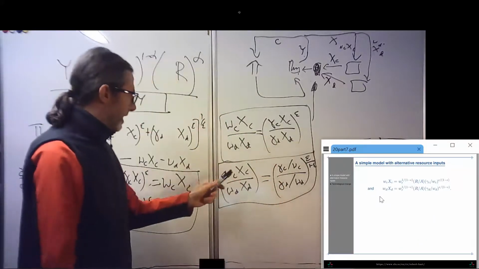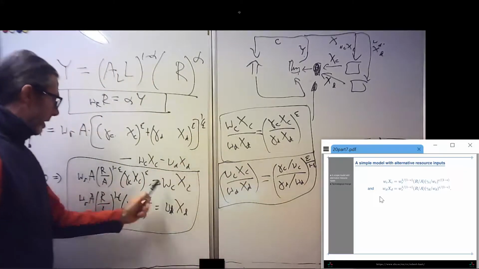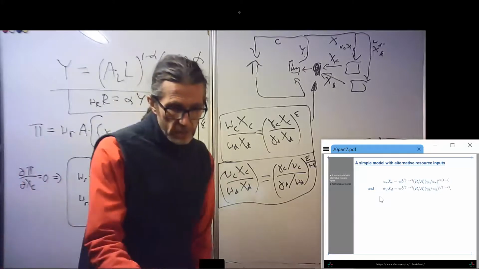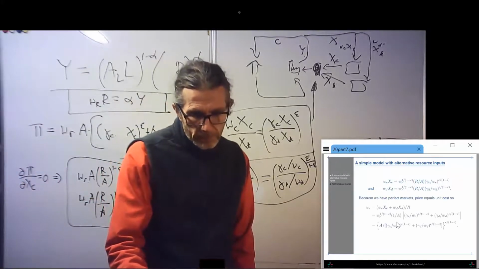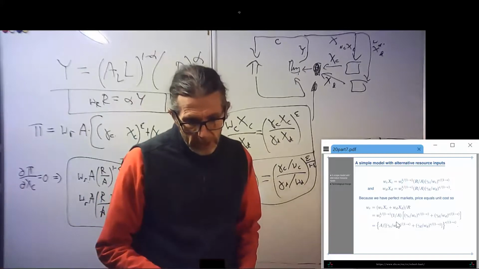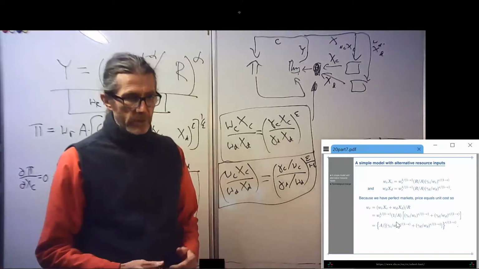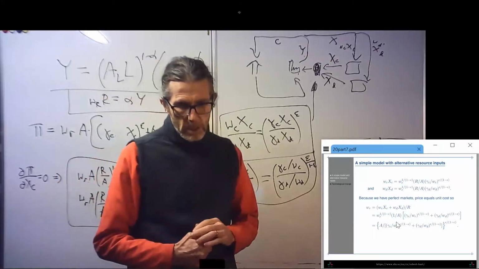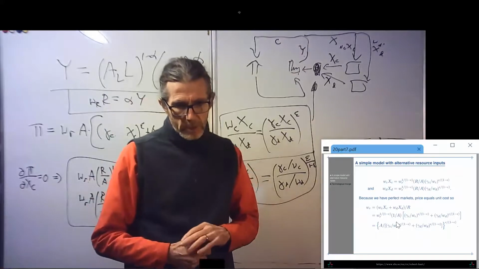And if we did it a slightly different way, we would end up with these equations that you can now see. This isn't too important, actually. So I'm just going to talk you through this. I'm not going to work through it. Because we have perfect markets, price equals unit cost.